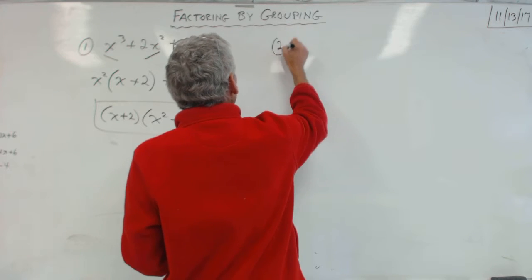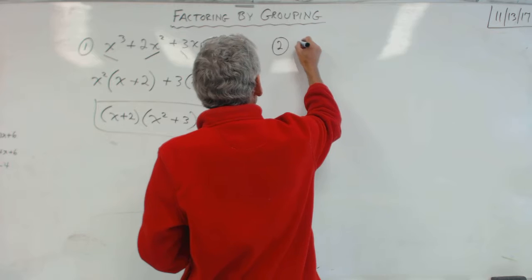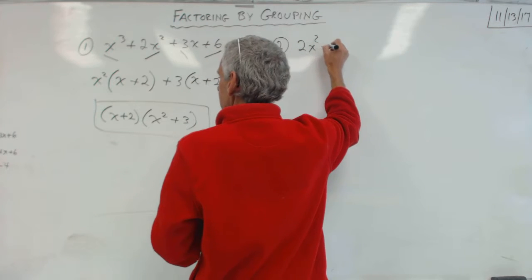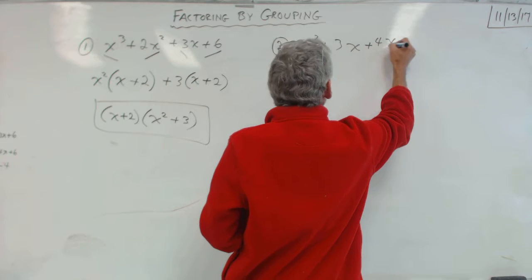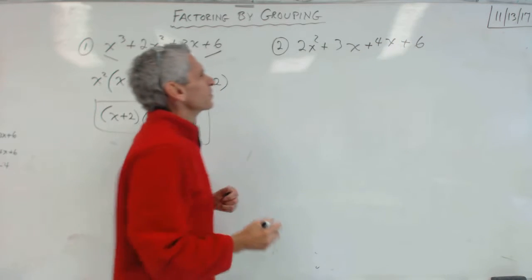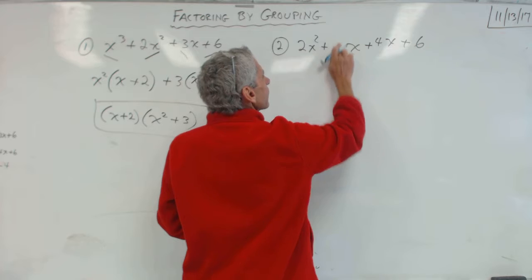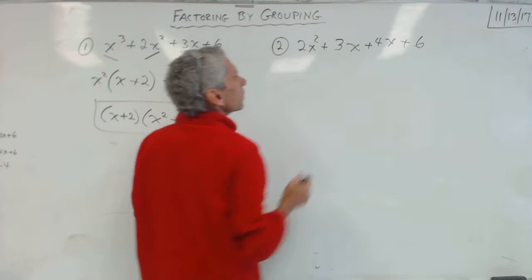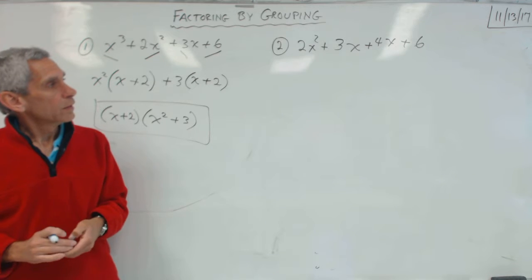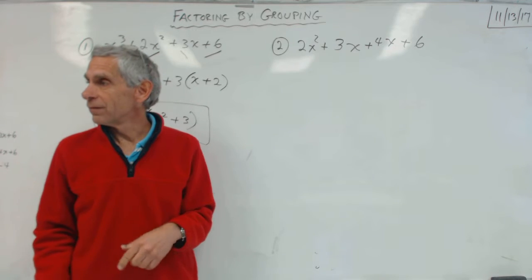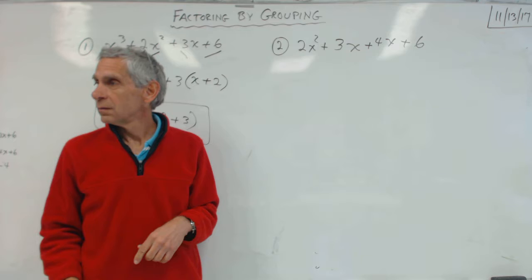So number 2, it's scary because it's big. We've got 2x squared plus 3x plus 4x plus 6. All right. Now, how many terms do I have? 4.